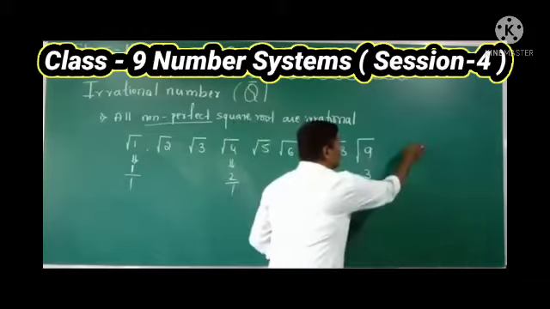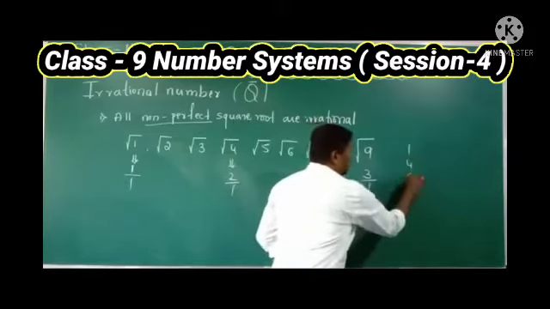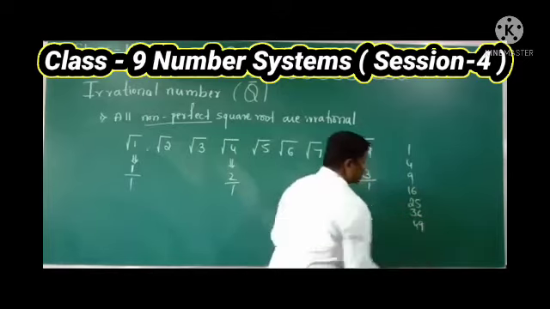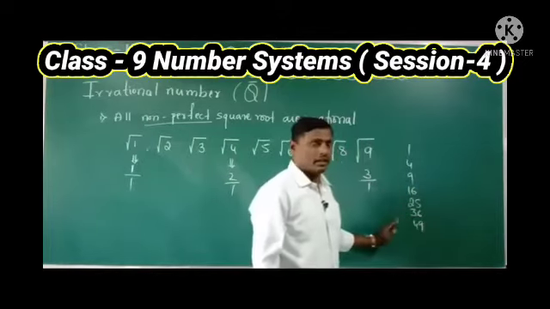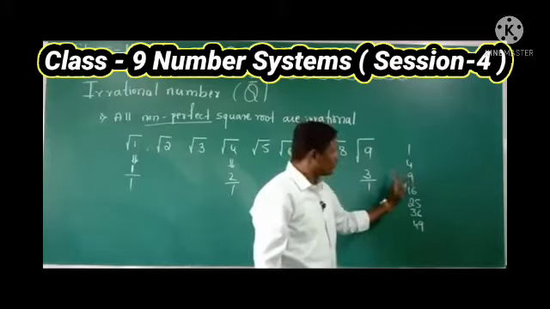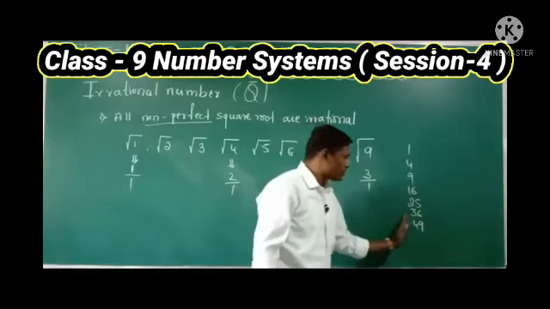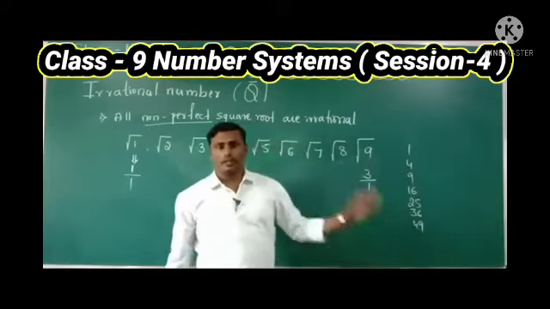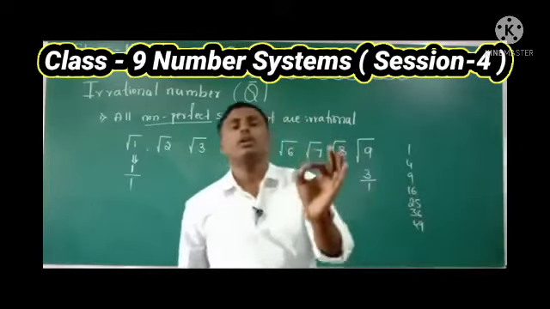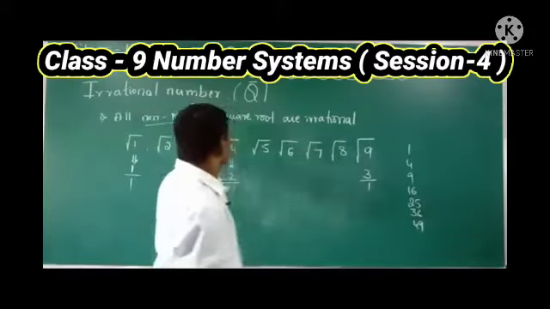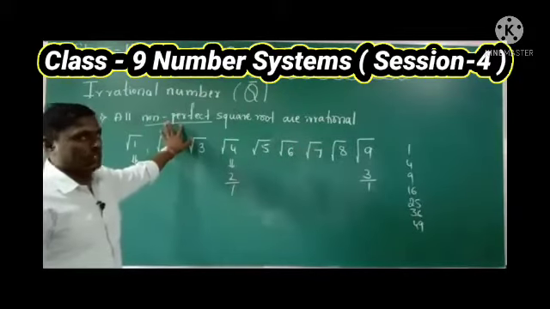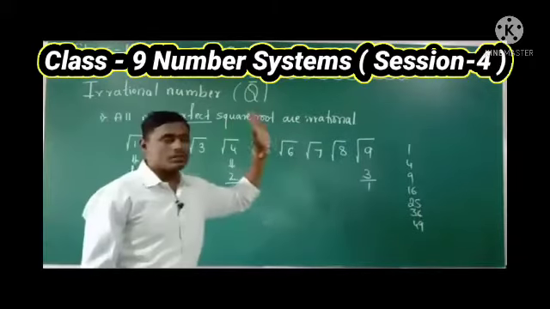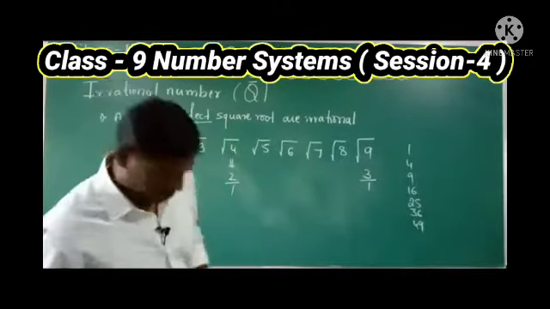For example 1, 4, 9, 16, 25, 36, 49 are the square numbers, right? Square of 1, square of 2, square of 3, square of 4, 5, 6, 7. So other than these numbers, all the other square roots are considered irrational numbers. So all non-perfect square roots are irrational numbers.